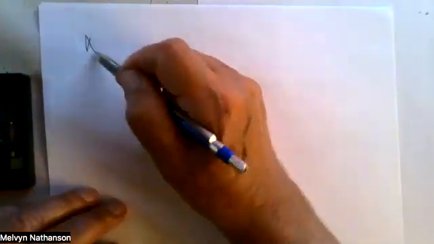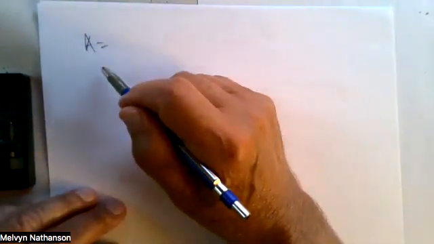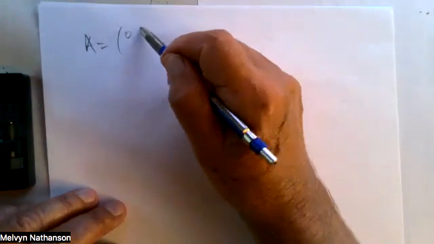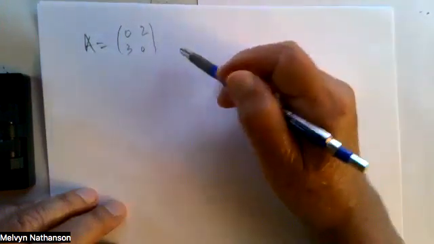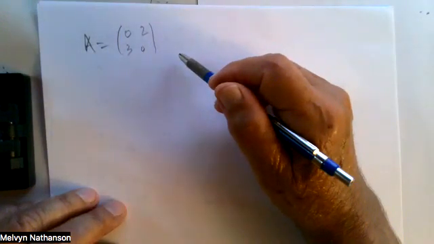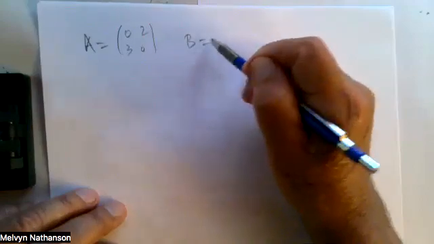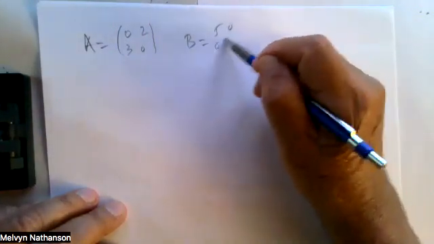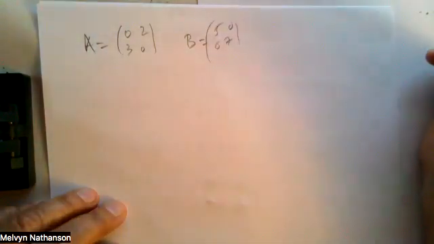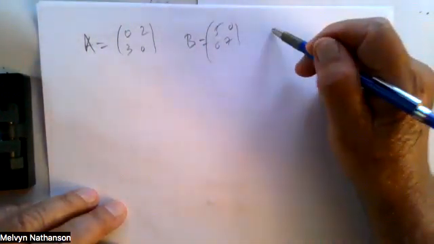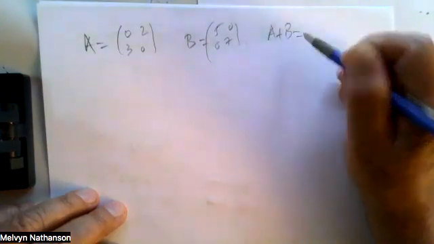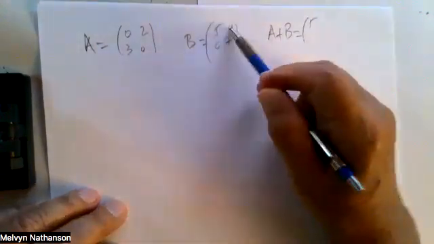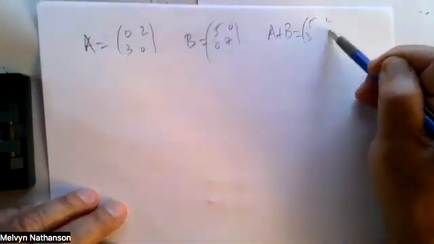So suppose A is the 2 by 2 matrix 0, 2, 3, 0, and B is the 2 by 2 matrix 5, 0, 0, 7. If I add them, A plus B, you add coordinates, it's 5, 2, 3, 7.